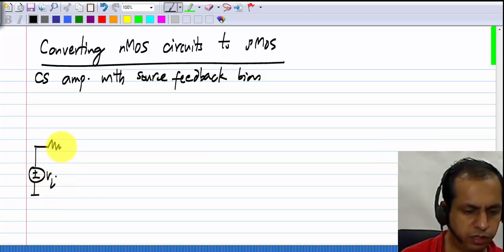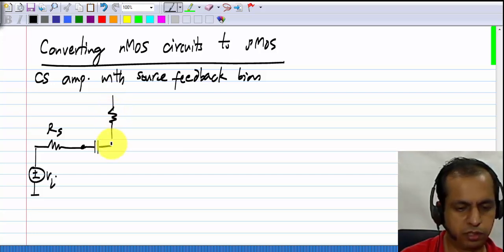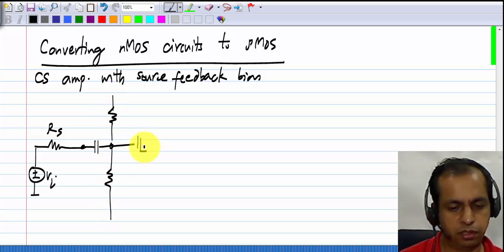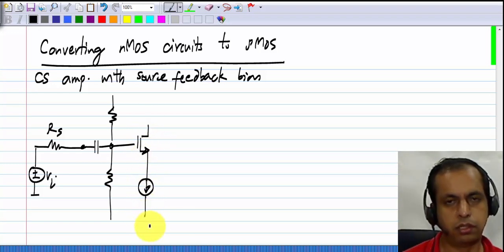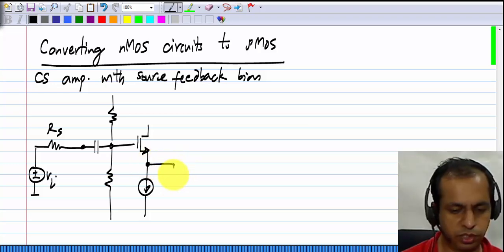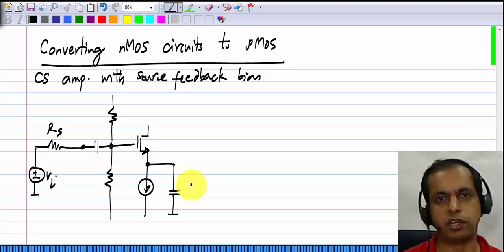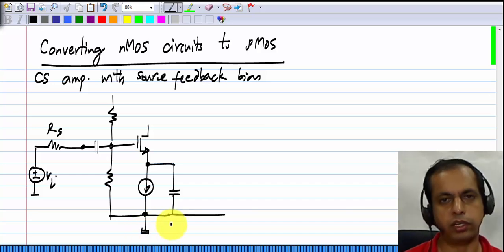We have Vi, Rs, and a coupling capacitor, a voltage divider to establish the gate voltage of the NMOS transistor, the current source at the source terminal to provide bias, and a capacitor across it to short it for signal frequencies. This is the ground, the lower rail is ground.